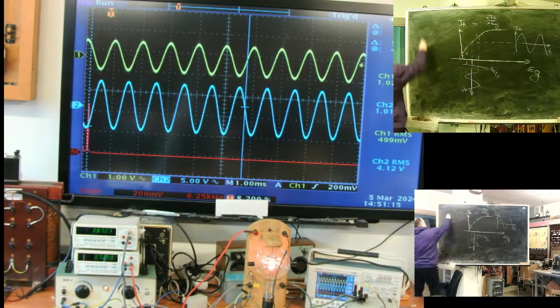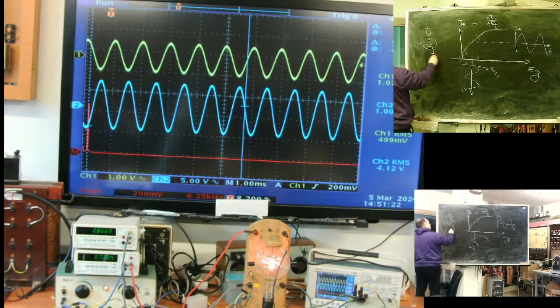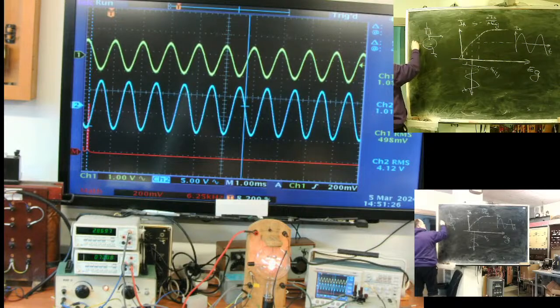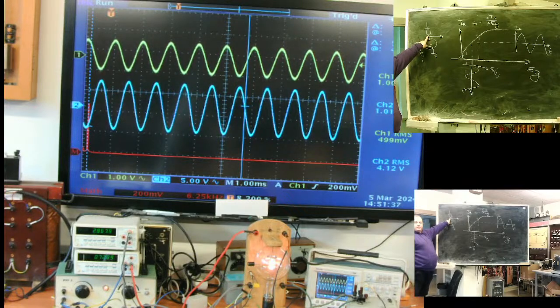Now my circuit. Here is output. Not important, here is input. If the anode current increases, what happens with the voltage at this point? Resistance of the valve: if current increases, this means what for resistance? It decreases. Yeah?